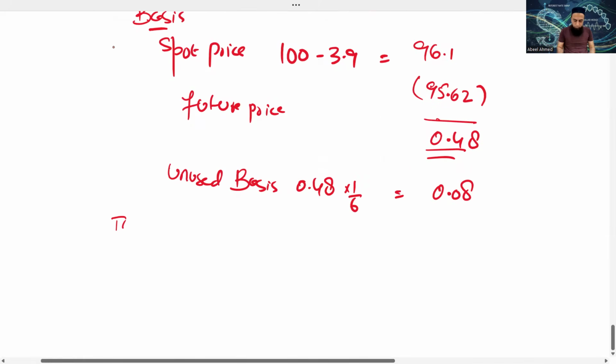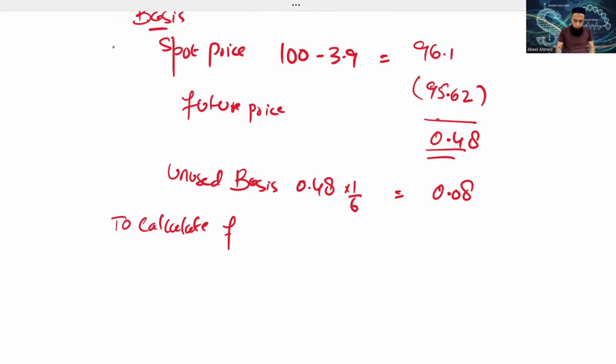So to calculate the future closeout price on 1st September, the base rate becomes 4.4, as written in the requirement.